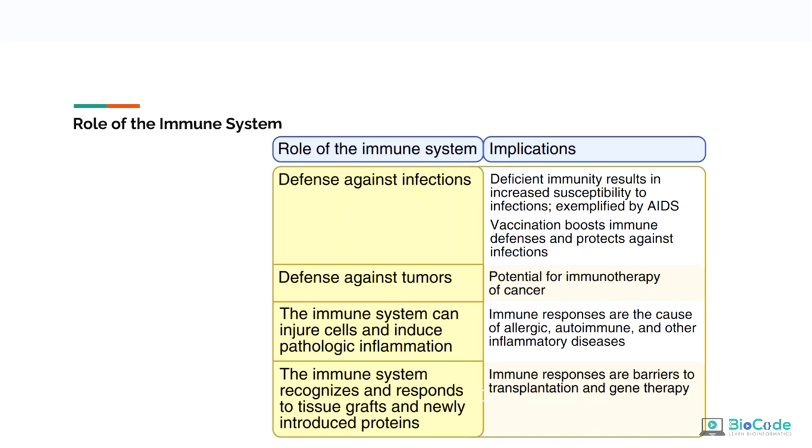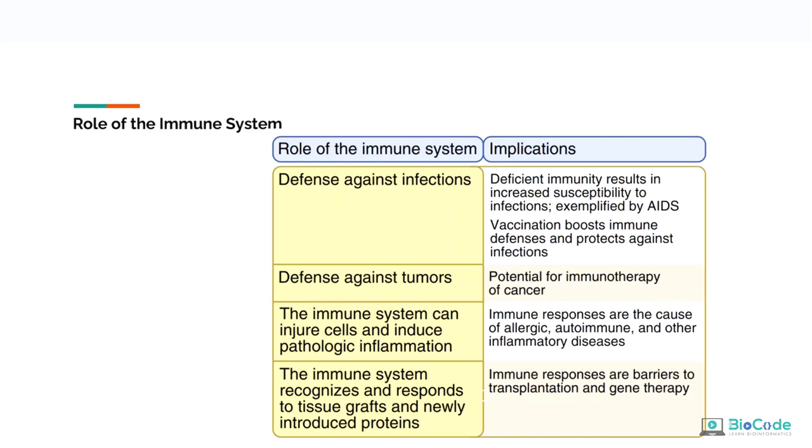Its implication: immune responses are the cause of allergic, autoimmune, and other inflammatory diseases. These immune cells induce pathological inflammation, but they can also cause allergies, autoimmune, and inflammatory diseases.